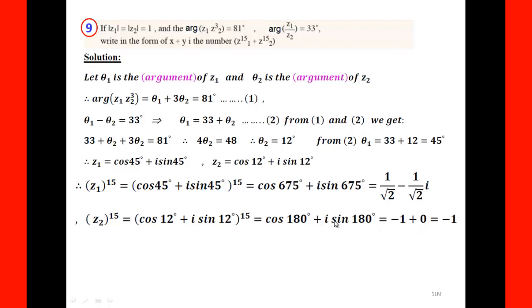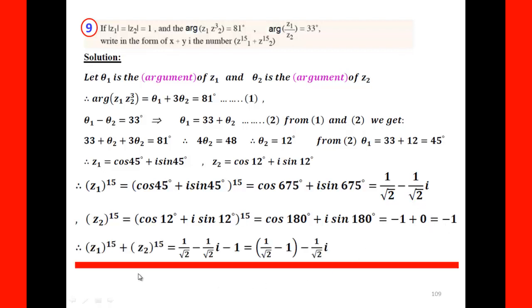Of course, 0 multiplied by i equals 0, so the result equals negative 1. But the required is Z1 power 15 plus Z2 power 15, so we have to add 1 over root 2 minus 1 over root 2 i plus negative 1.